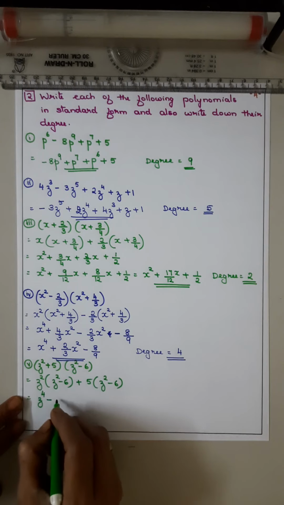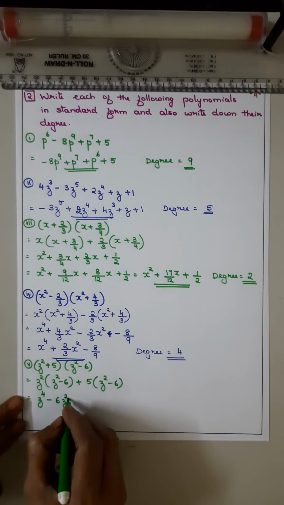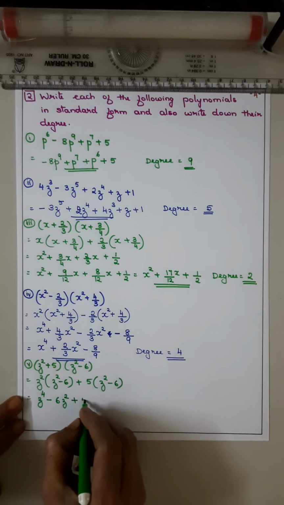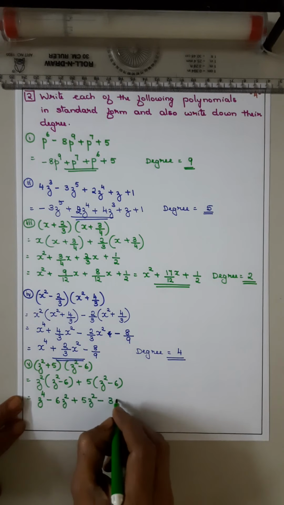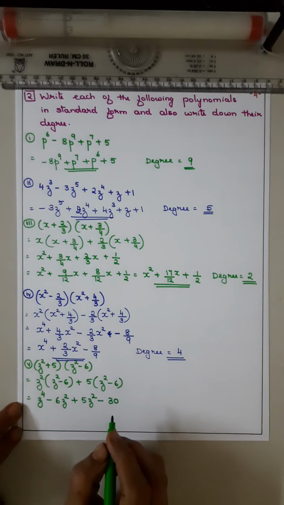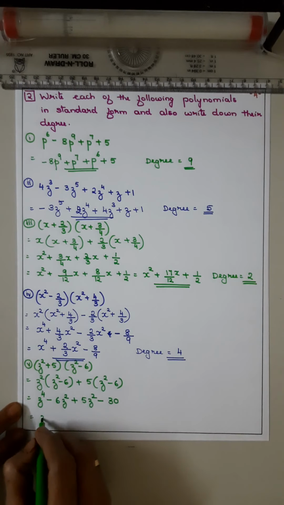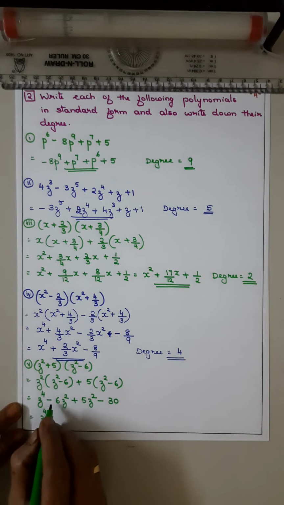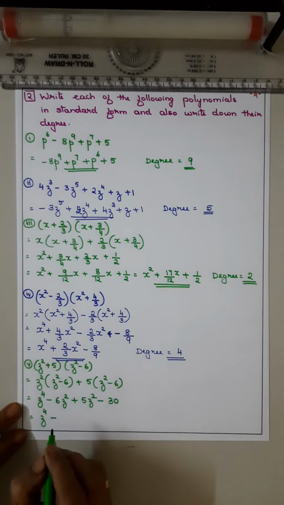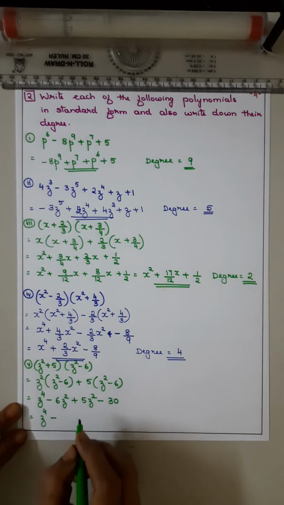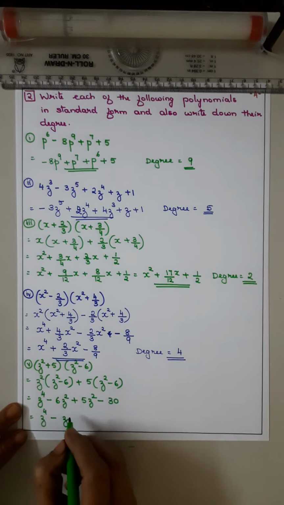Now here minus 6z squared, this one becomes plus 5z squared, plus minus 5 6s are 30. Now z to the power 4 minus 6z squared plus 5z squared, that is minus, you have to subtract, isn't it? Minus 6 minus 5 is 1, so it becomes minus z squared minus 30.